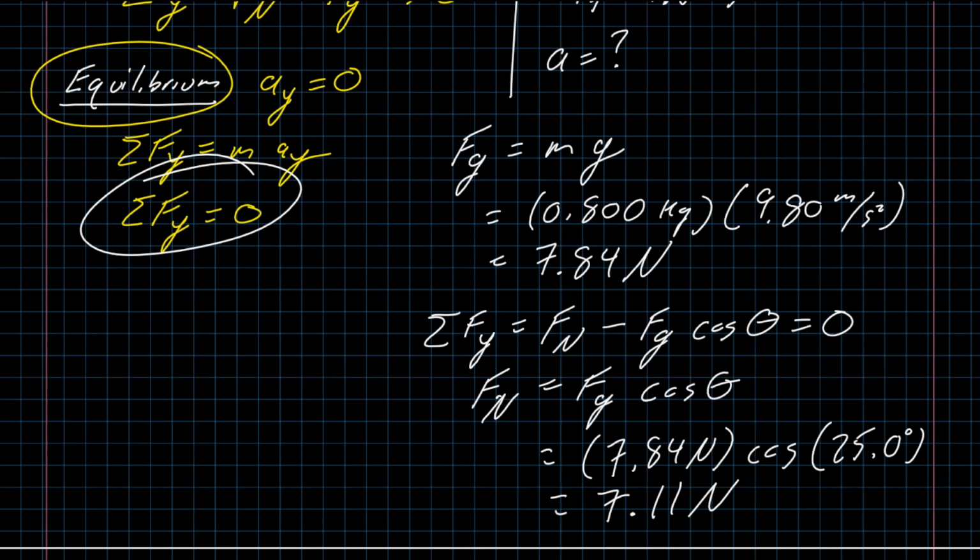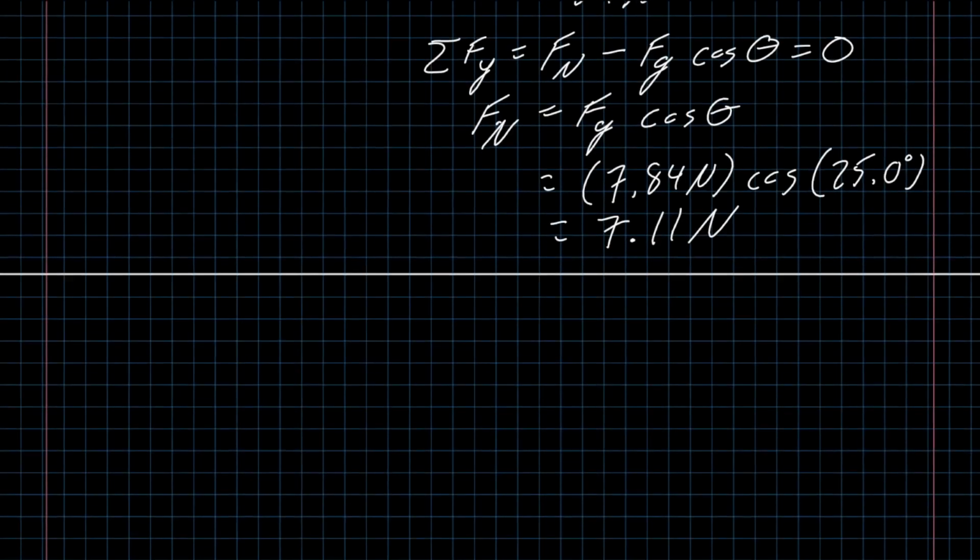It turns out that we don't really need that number, right? The numerical representation of the normal force is not that important to us. But it's worth knowing, and it's worth thinking about the fact that that is a thing we could figure out. We can also figure out the net force in the x direction, which is the force of tension minus Fg sine of theta.